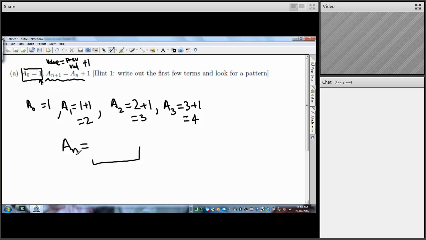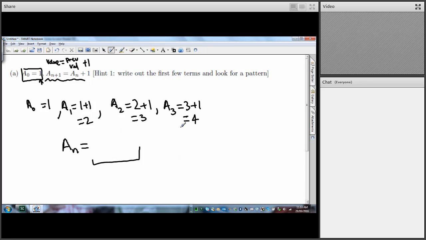In this case, the goal is to find a general formula for the nth case. So what would be the value for the thousandth number in the sequence, etc.? You can type in what the general formula would be. So an is equal to what?